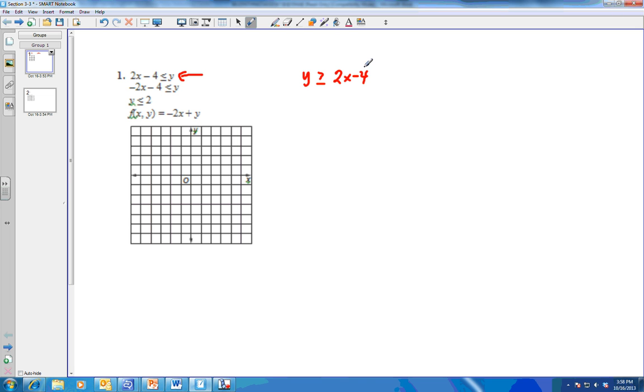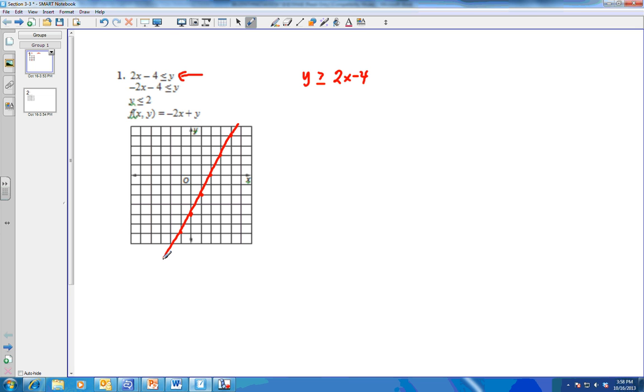So let's graph that first. y is greater than or equal to 2x minus 4. So that means my y-intercept is negative 4: 1, 2, 3, 4. And my slope is 2, so I go up 2 over 1, up 2 over 1. Whenever I graph this, we should know that this is a solid line.